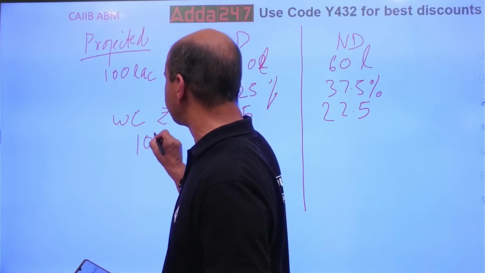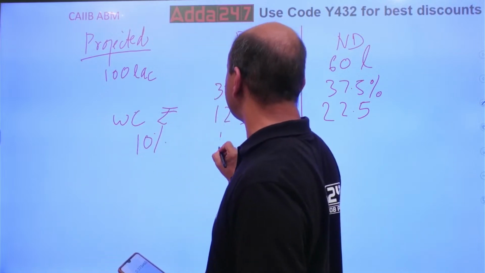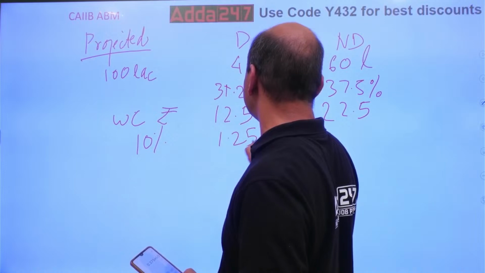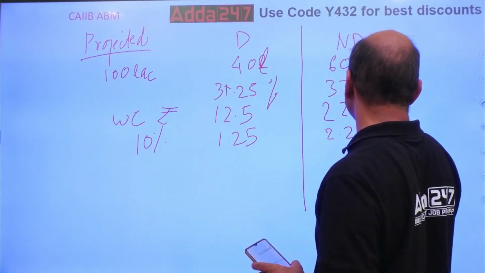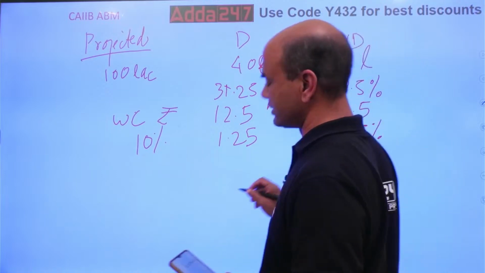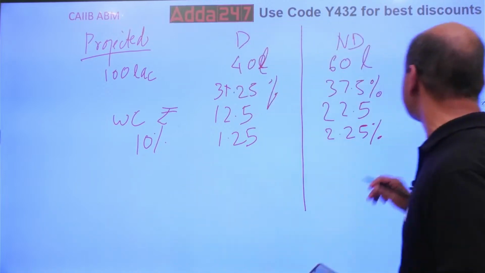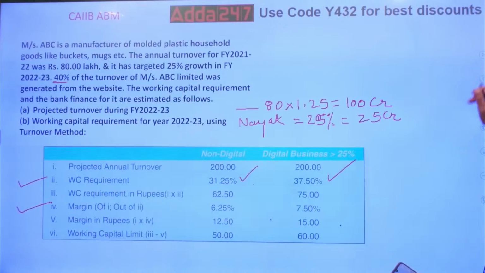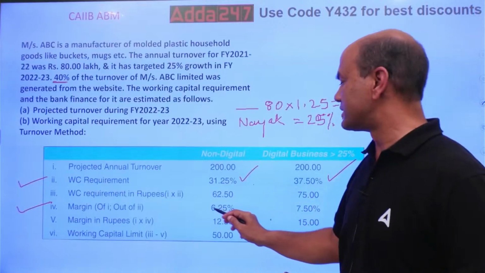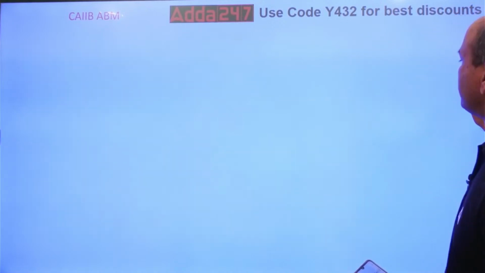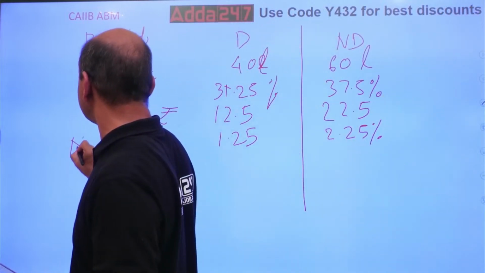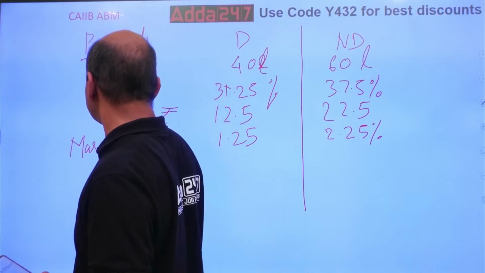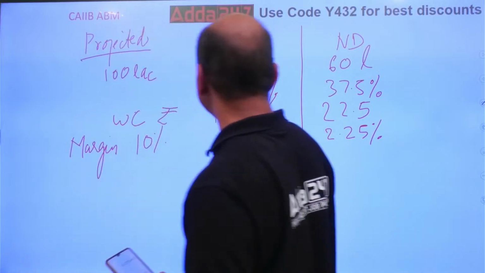So it is 1.25, and this is 2.25%. This is your margin. Look at this, this is your margin. So margin is this much.